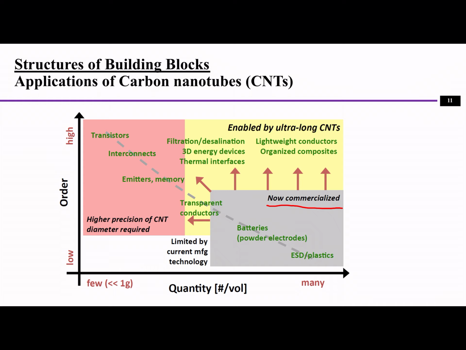Well, if you want to start making at very small scale, for example, less than 1 kilogram, especially electrical components, we will have to make those carbon nanotubes by making one nanotube at a time.